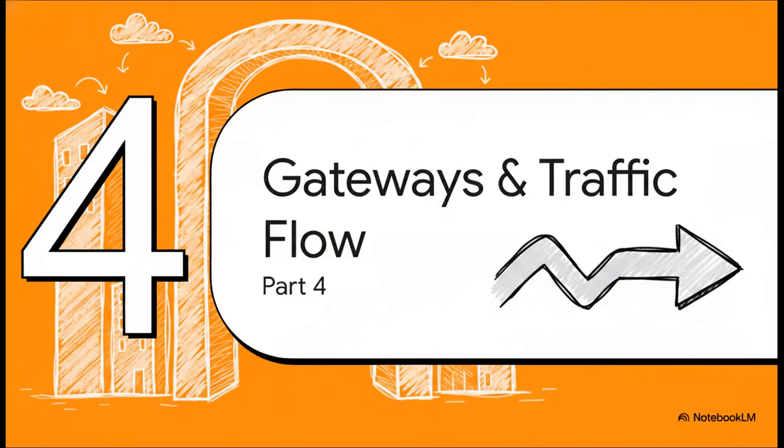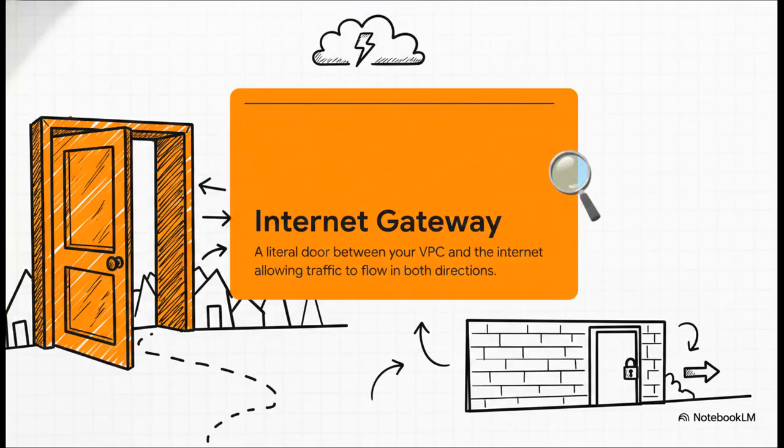Which brings us to Section 4, gateways and traffic flow. How do those internal, locked-away resources actually talk to the outside world when they need to? Well, for our public subnets, those street-facing rooms, we use an internet gateway. It is exactly what it sounds like, a literal front door between your VPC and the public internet.